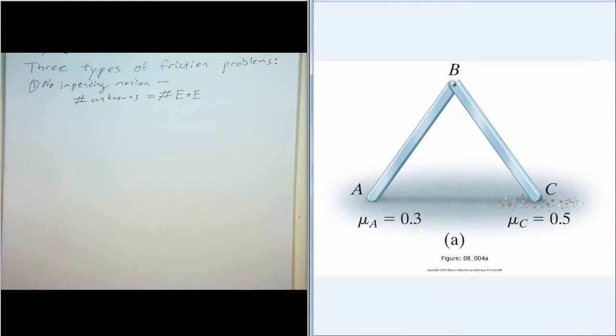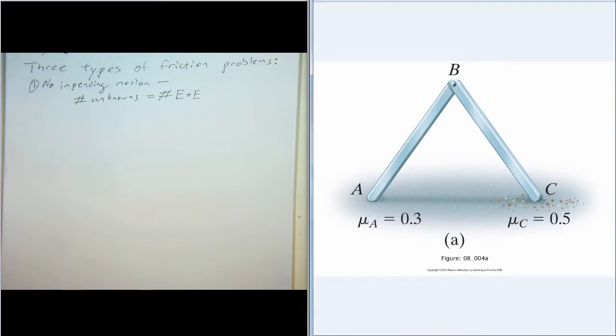And this is a problem where perhaps we assume that the object is not moving, and we say we have a block or a crate resting on the ground and we're pulling on it.